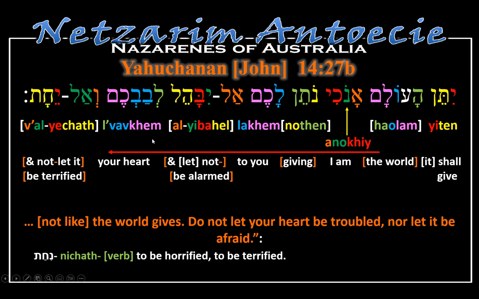Levavkem, meaning your heart, because we know levav is heart, and kem is you or your. Ve'al, and not, yechat. Ve'al yechat, meaning and not shall be terrified, or let it not be terrified.